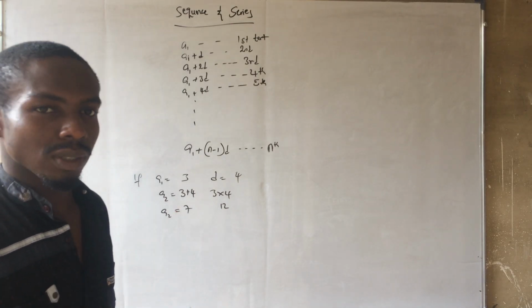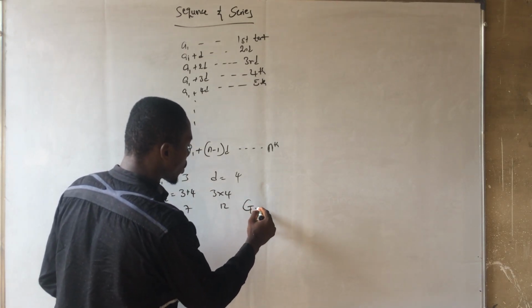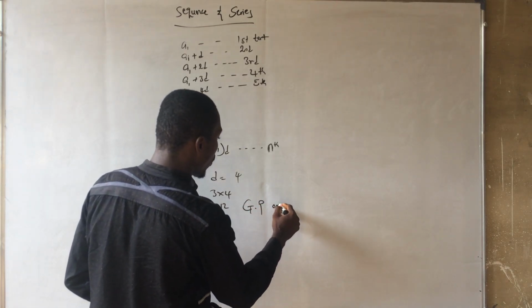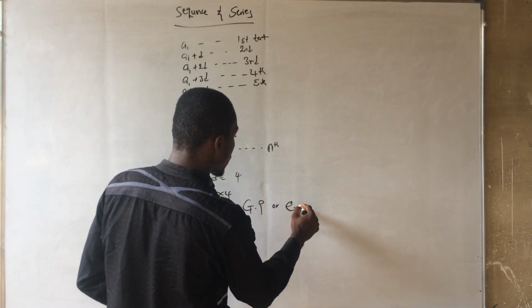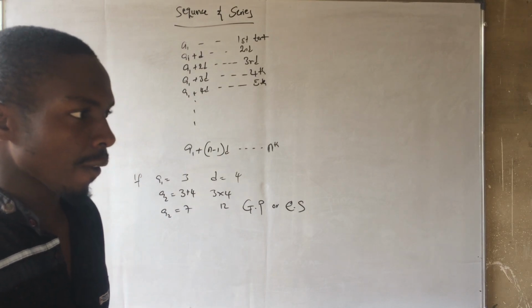So okay, and now we start researching, and I say that this is called geometric progression or exponential sequence.